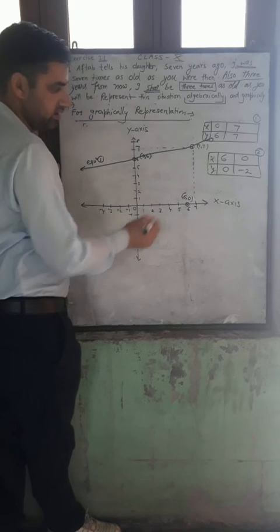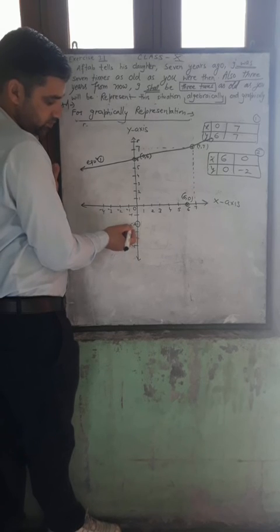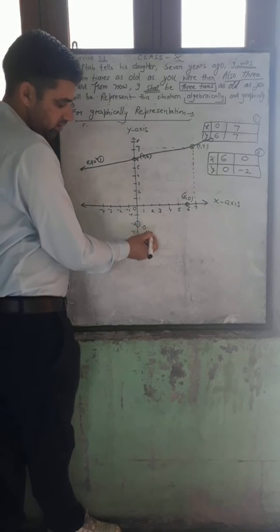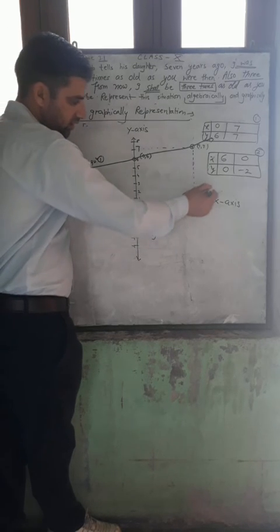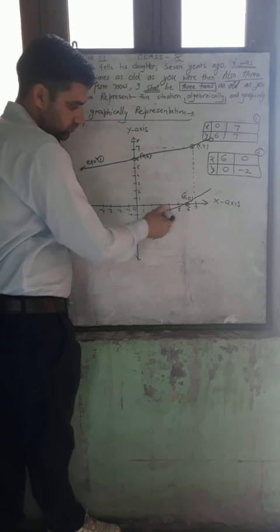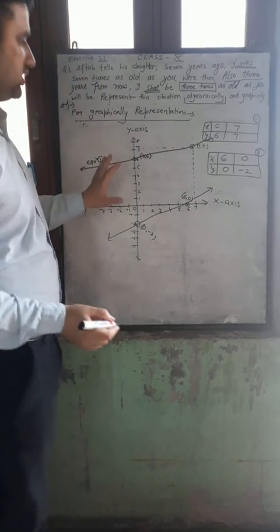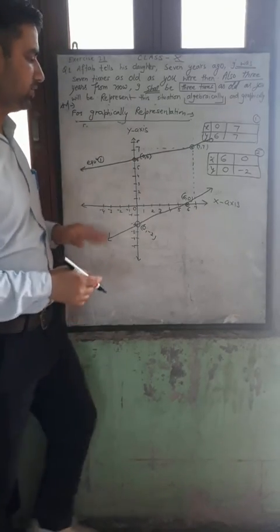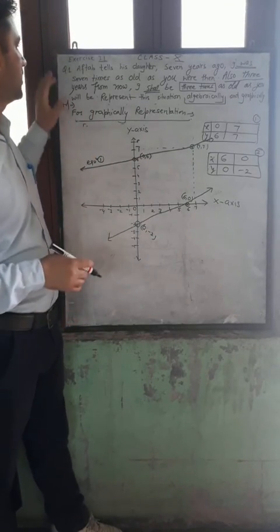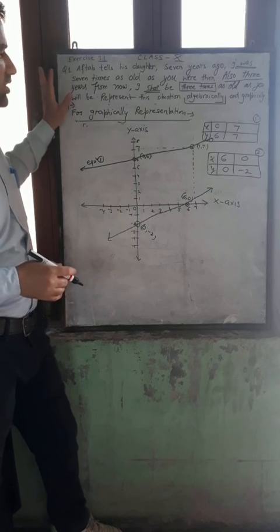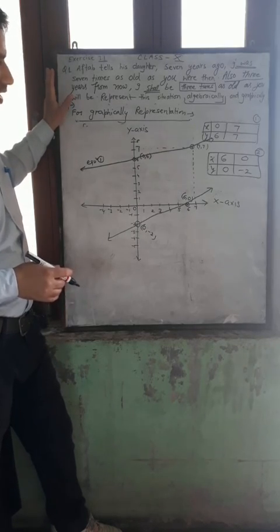We write like that. Here x is equal to 0, y is equal to -2. Now join these two. This representation is known as the graphical representation of question 1 or situation 1. Okay, thank you.